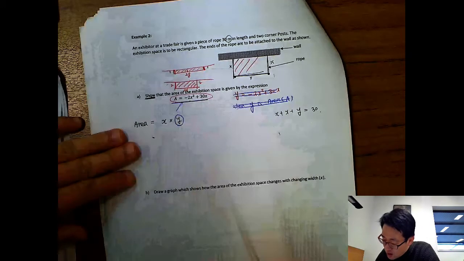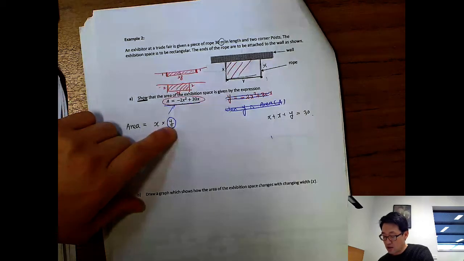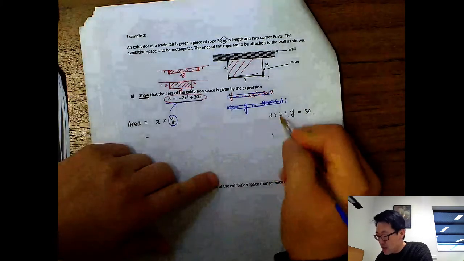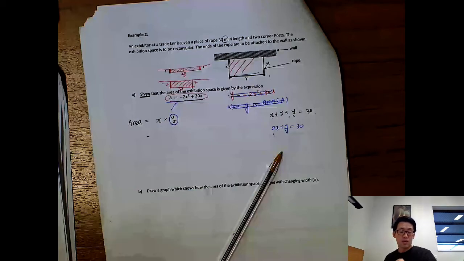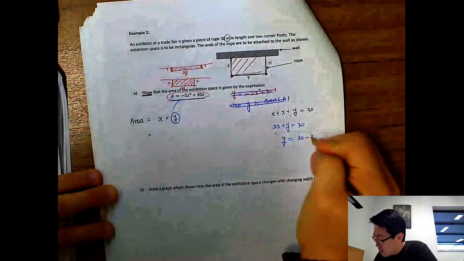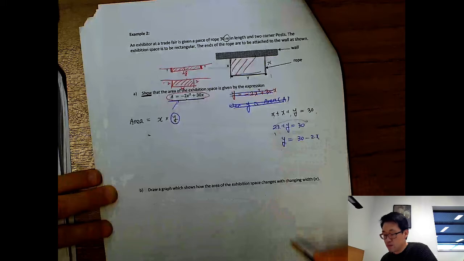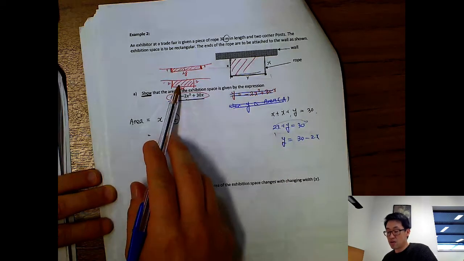So I need to replace y using x. Let's go back and check the relationship. x plus x, which is 2x, plus y equals 30, isn't it? So x plus x and y has to be 30 meters. Therefore, y equals what? 30 minus 2x. That makes sense? That's what I did from here, isn't it? 30 meters minus 2x.